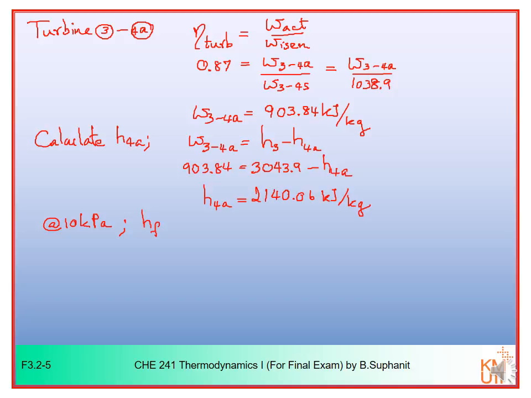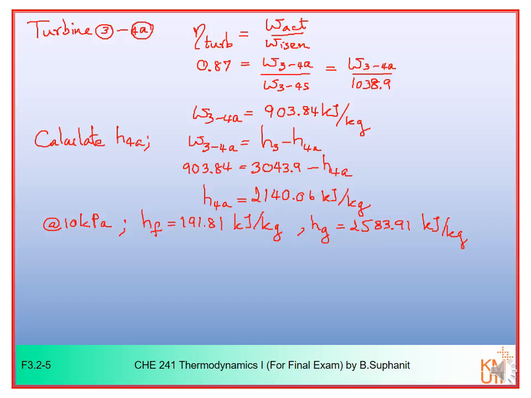So you have Hf at 191.81 kilojoules per kilogram, and you also have Hg equal to 2583.91 kilojoules per kilogram.